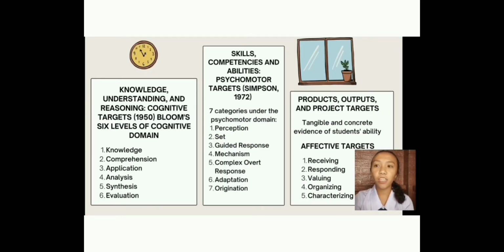We have knowledge, understanding, and reasoning, which falls under the cognitive targets. In the 1950s, Bloom and his associates proposed a taxonomy in the cognitive domain with 6 levels of complexity, starting from the knowledge level at the base and evaluation level at the top.